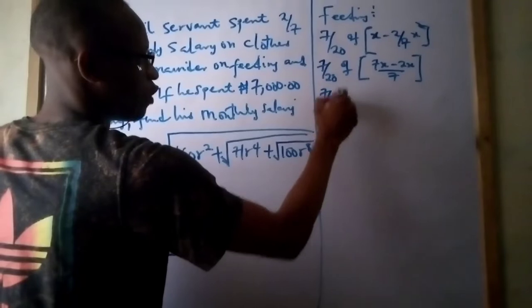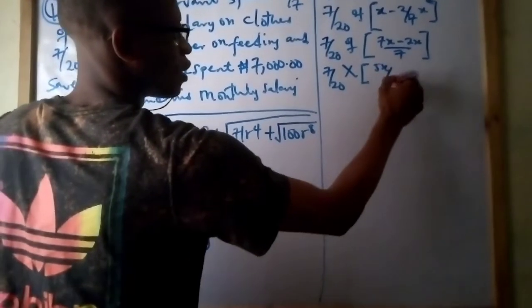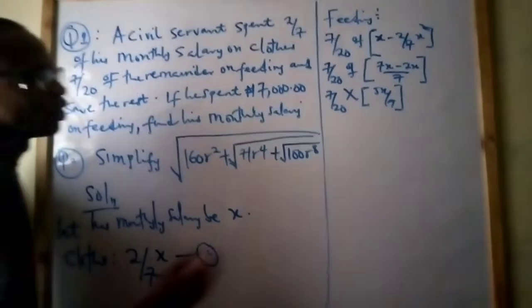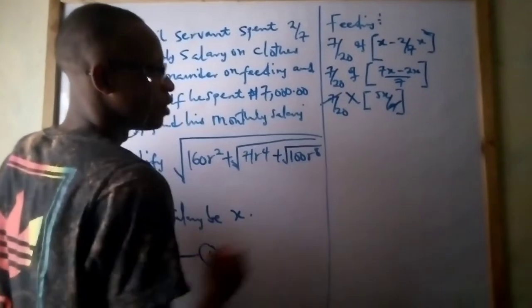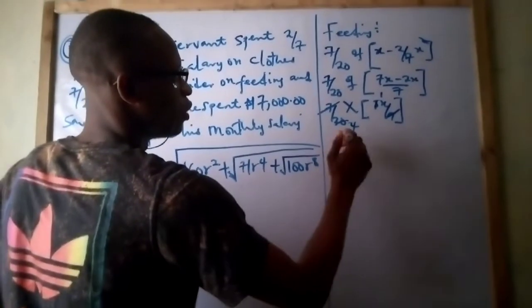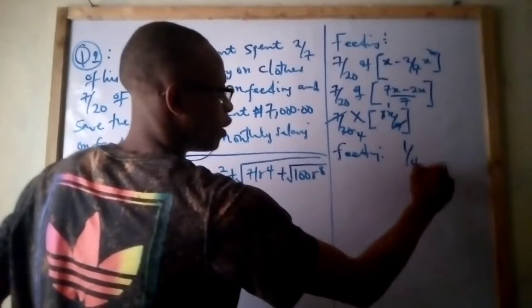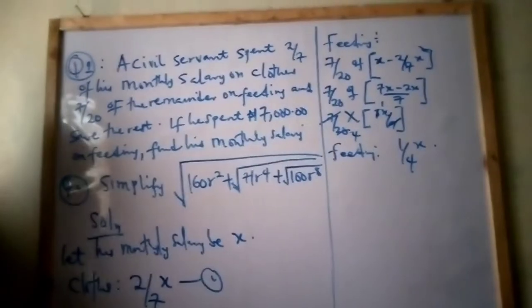And this will give you 7 over 20 times 5X over 7. So 7 eliminates 7, 5 into 5 is 1, 5 into 20 is 4. So you are left with feeding being simply 1 over 4 of X. You have got it for feeding.